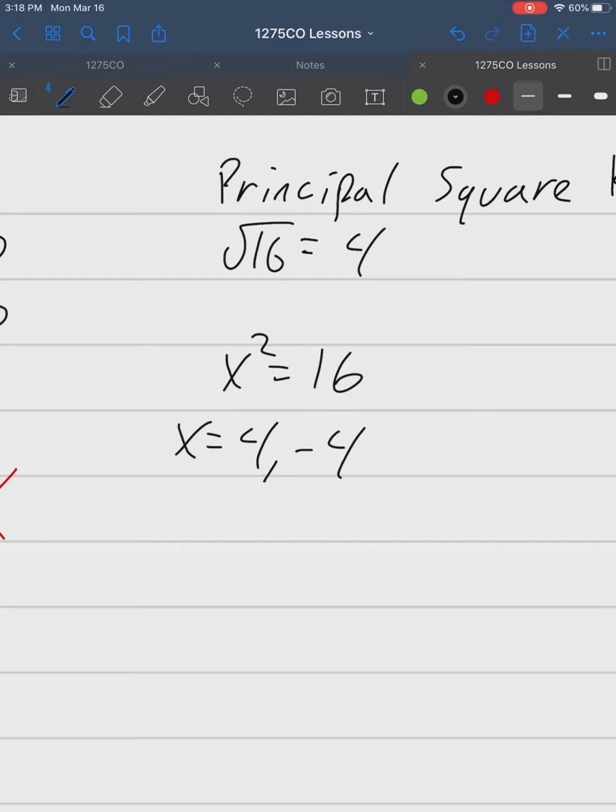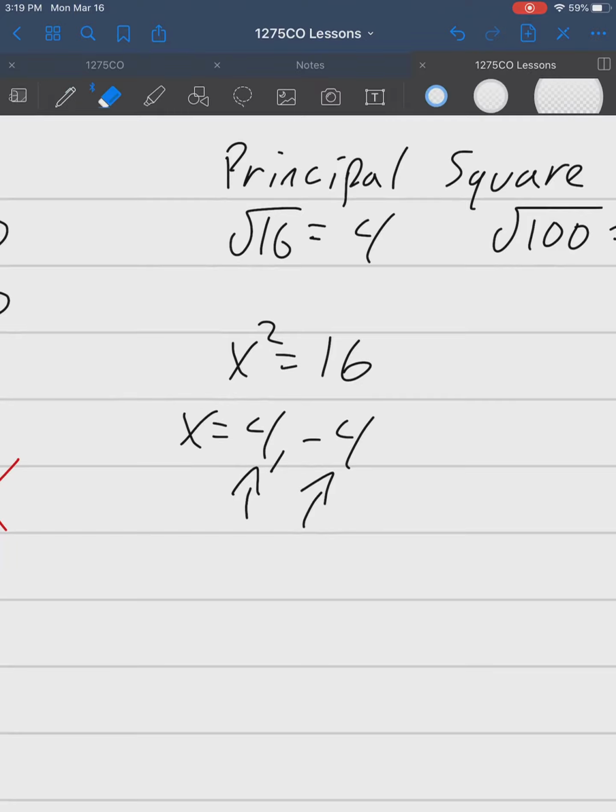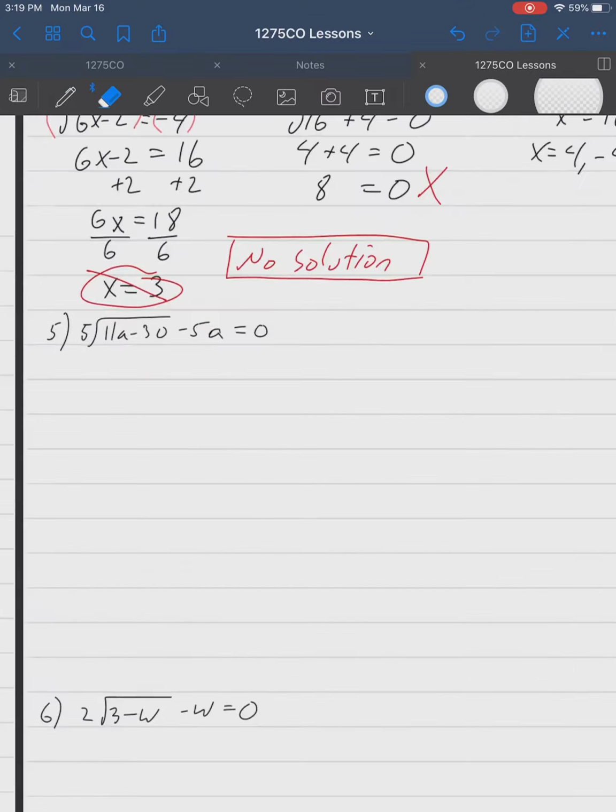Well, negative 4 squared is also equal to 16. Negative 4 times negative 4 is also equal to positive 16. That's why the answer to this equation, x squared equals 16, has these two, 4 and negative 4, as answers. When you are taking the square root of a number, for instance, the square root of 100, that answer is only 10. I hope that clears up any confusion that comes up.